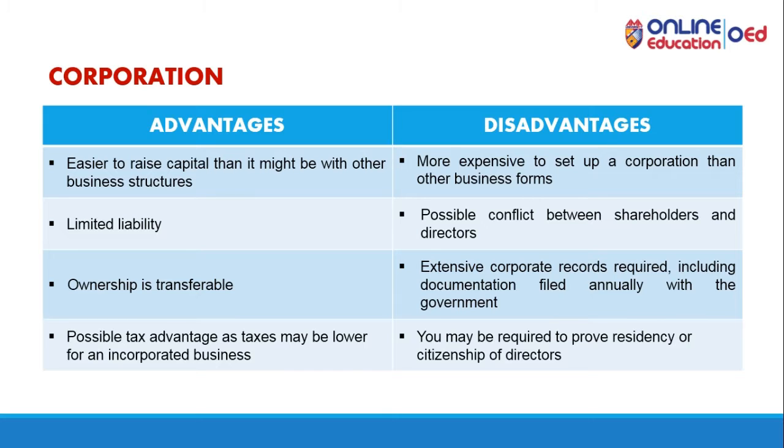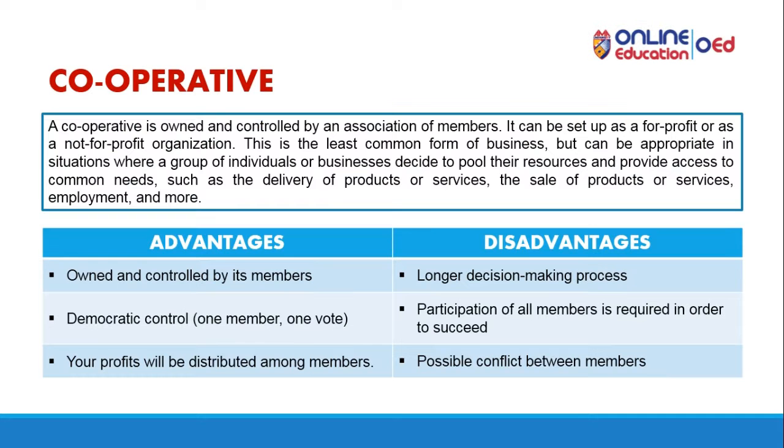Possible conflicts between shareholders and directors, which is a common problem, which is also a problem in partnership since you are not running the business alone. Extensive corporate records required, including documentation filed annually with the government. So the higher the business, the more work that you are going to do, and the more the records. You may be required to prove residency or citizenship of directors. So this is also one minor problem when you are going to establish a corporation.